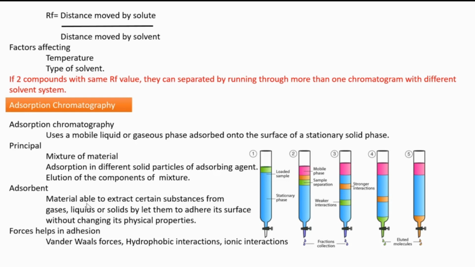Such materials are used as adsorbents in adsorption chromatography. With what forces do these mixtures bind with this adsorbent? Through van der Waals forces, hydrophobic interactions, and ionic interactions. Okay, next slide.